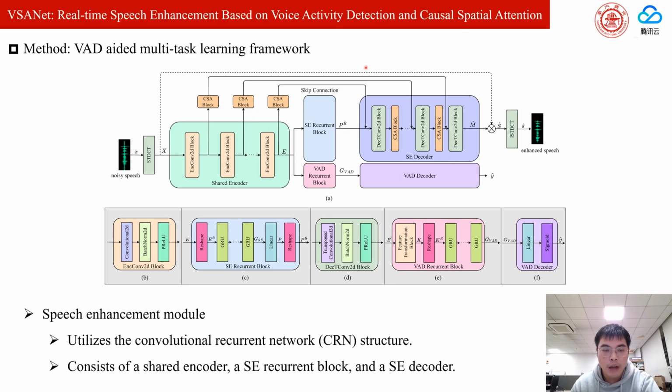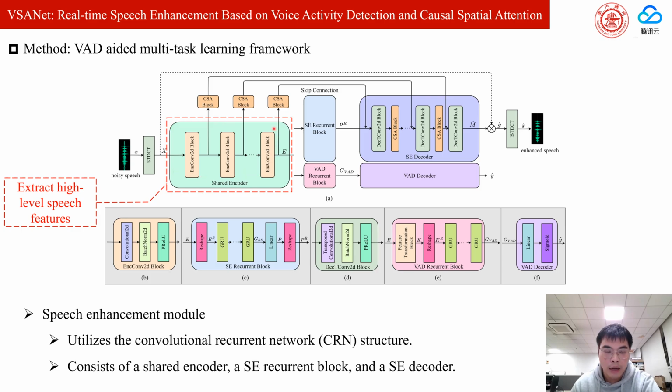For the speech enhancement module, it generally utilizes the convolutional recurrent network structure. The speech enhancement module consists of a shared encoder, a SE recurrent block, and a SE decoder. The shared encoder receives the noisy spectrum and extracts the high-level speech features.